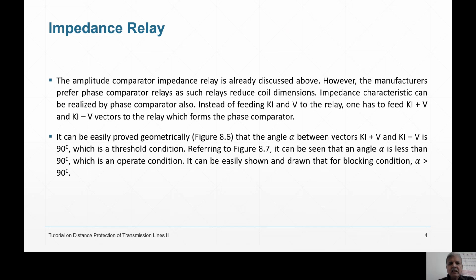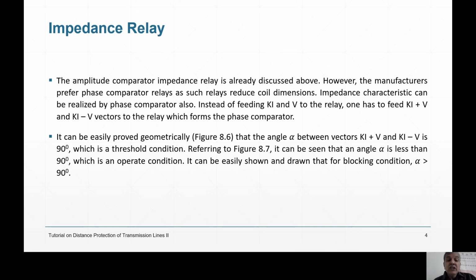But we were also telling that manufacturers usually do not prefer amplitude comparators, because amplitude means it is the amplitude of current you are using. And the amplitude of current, when the fault occurs, is large.